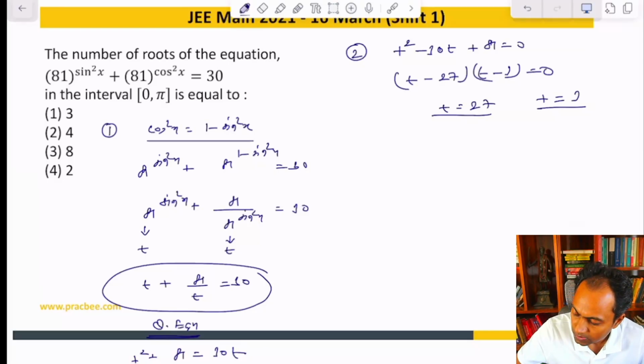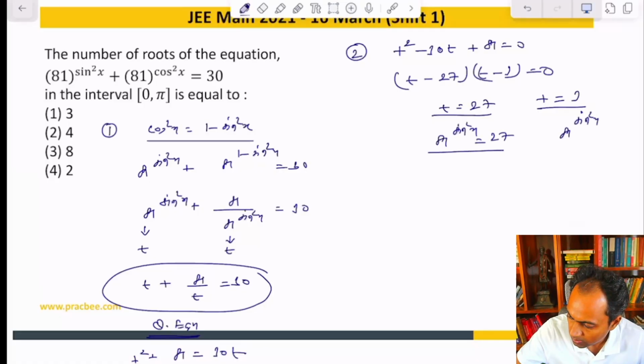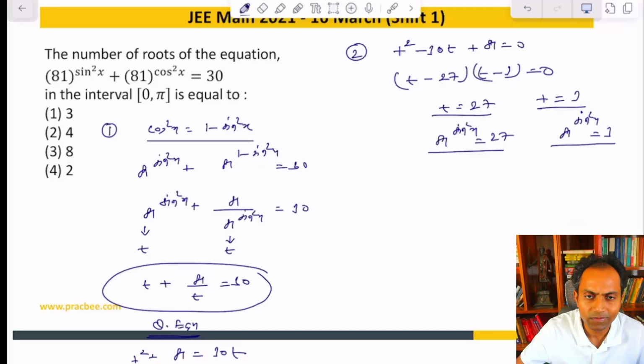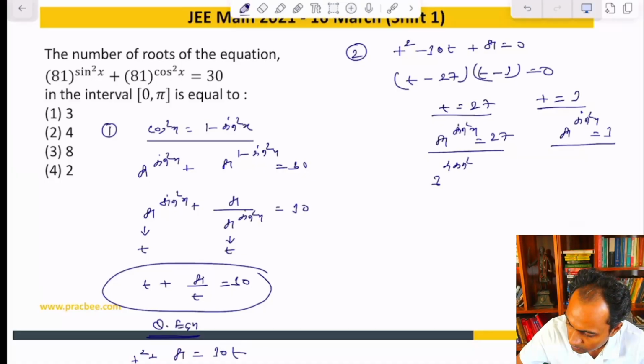So what we have is 81 raised to the power sine square x is equal to 27 and 81 raised to the power sine square x is equal to 3. Now this can be very easily solved because we can compare the exponents. If I write in the power of 3, this is 3 raised to the power 4 sine square x, this is 3 cube.